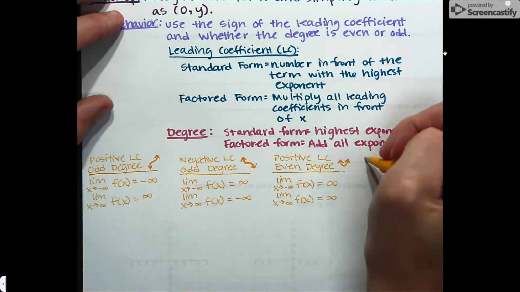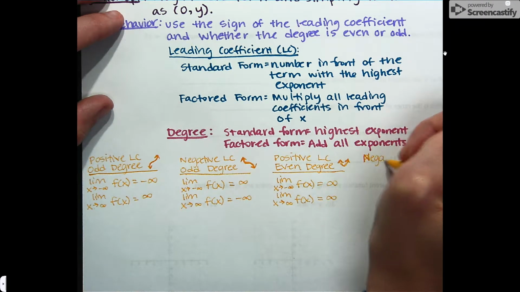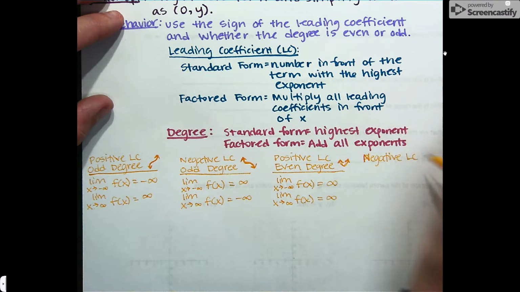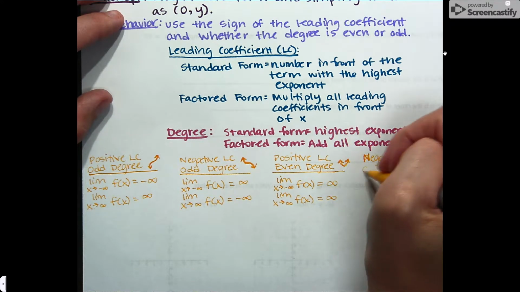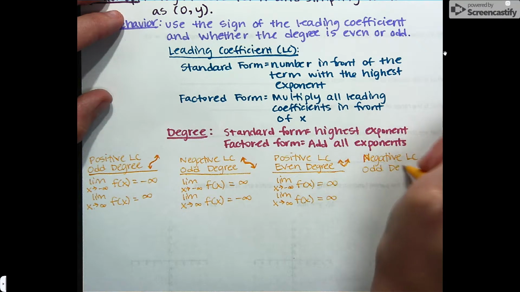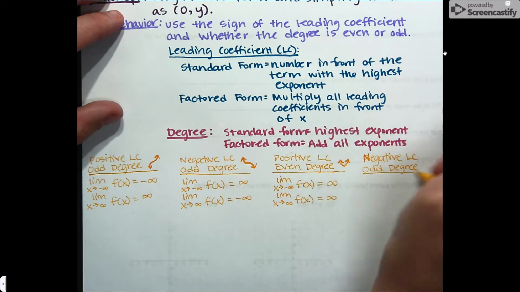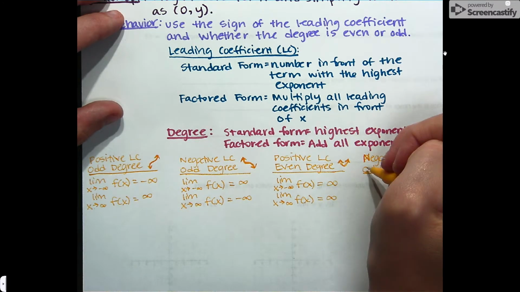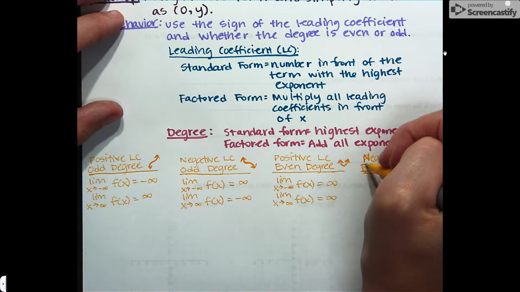Then the last scenario we could have is a negative leading coefficient. So a negative leading coefficient, and it's odd degree. So if it's a negative leading coefficient, not odd degree, that should be even.